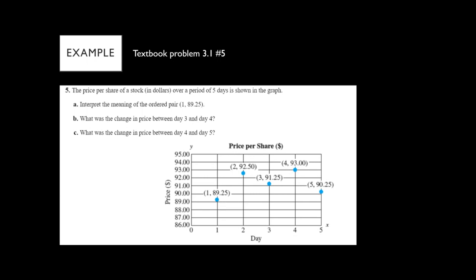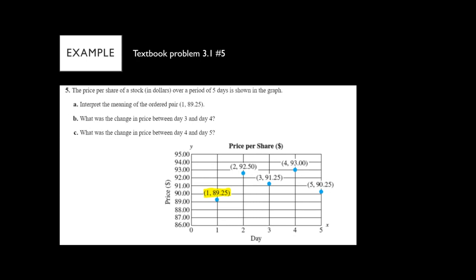So part A, interpret the meaning of the ordered pair 1, 89.25. So the meaning of an ordered pair comes from our labels on the graph. So our point 1, 89.25 is right here.